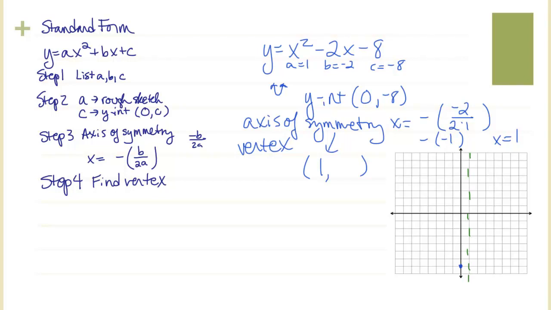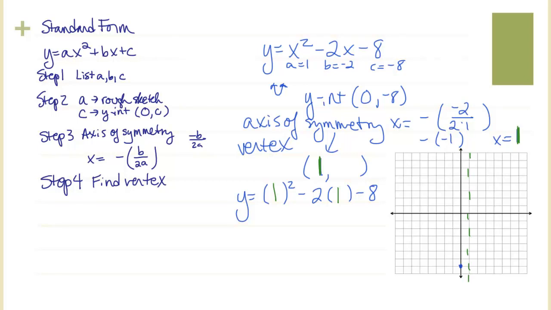We find the y value by plugging the axis of symmetry number into the original equation, right? This number is this number, and it goes here. And then we just do the math, and that'll get us the y value.